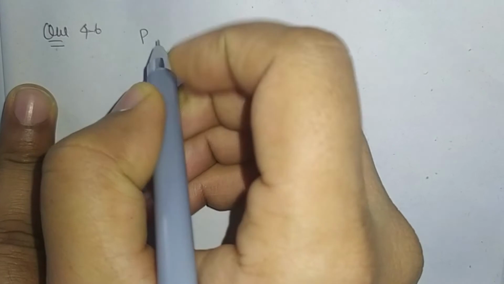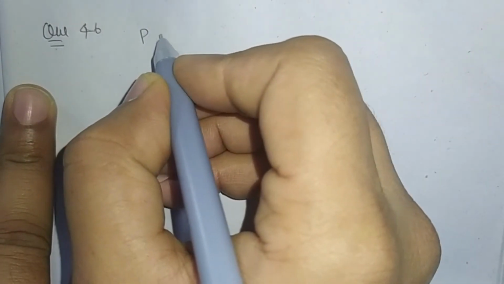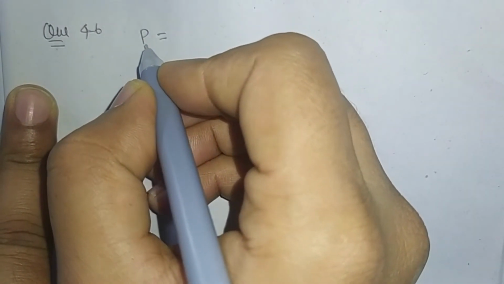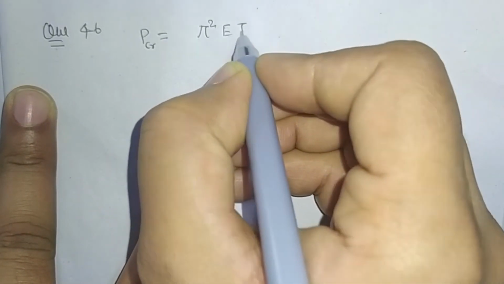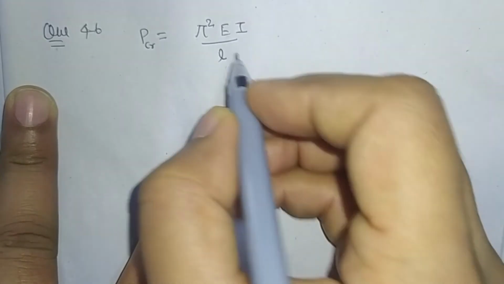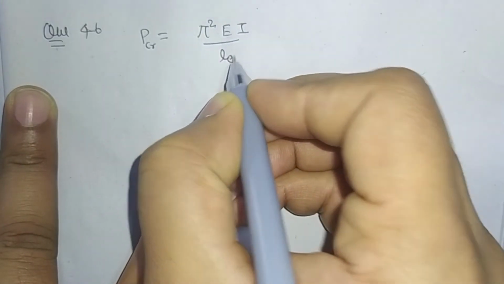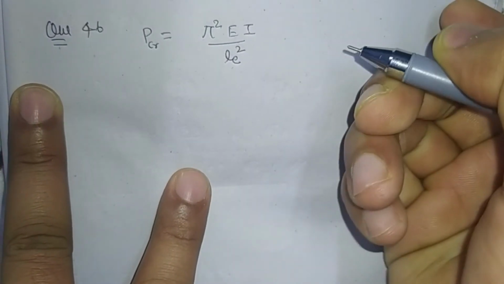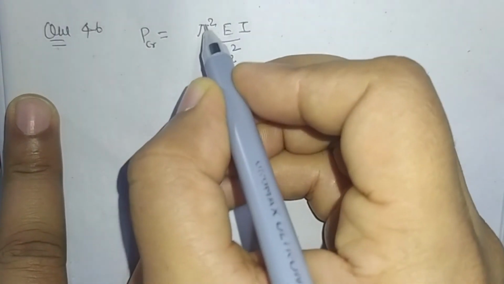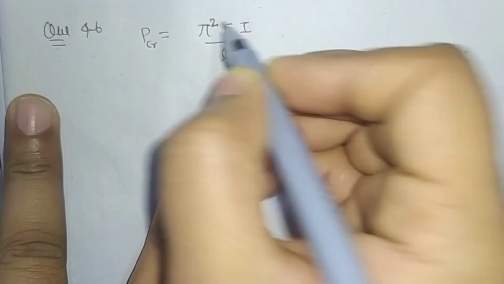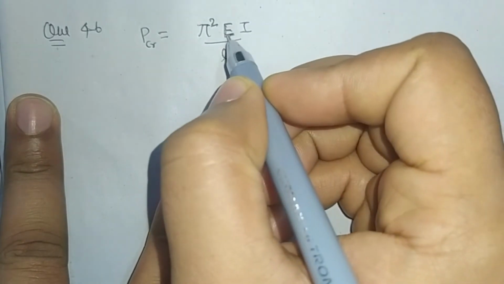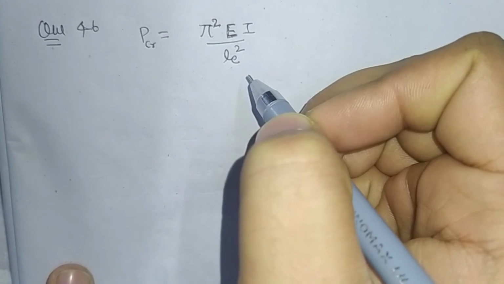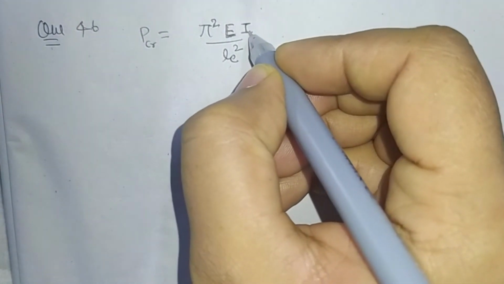We know the Euler buckling formula, or the Euler buckling load: pi square E I upon L effective square, where L is the effective length. Pi is just pi, and E is the modulus of elasticity, or Young's modulus, of the slender column.